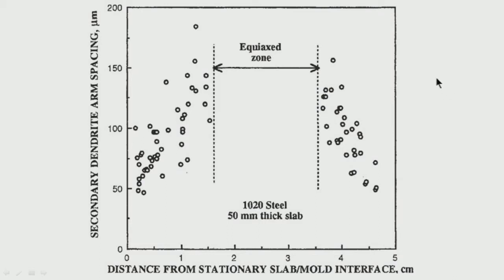A good structure means you require relatively more equiaxed zone at the center and finer dendrites. If you have coarser dendrites, during rolling there is a possibility of crack formation, because at the boundaries of the intercolumnar zones there is normally segregation, and there may be crack generation. So, what is required is relatively finer dendrites and a relatively wide equiaxed zone at the center. This is what is desirable in a good cast structure.